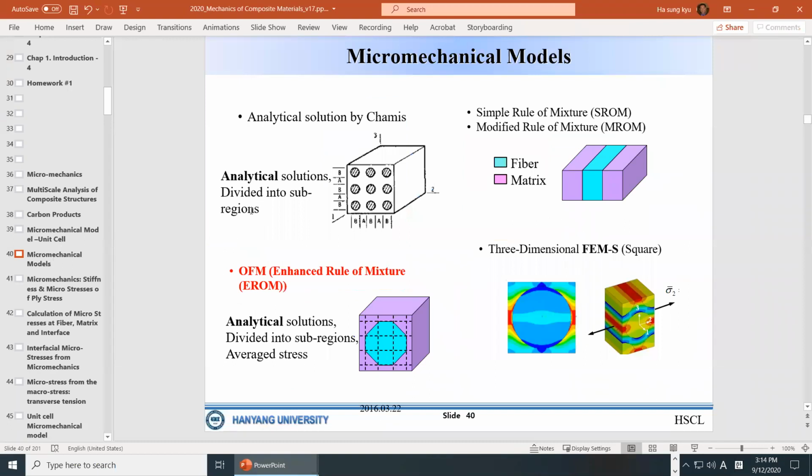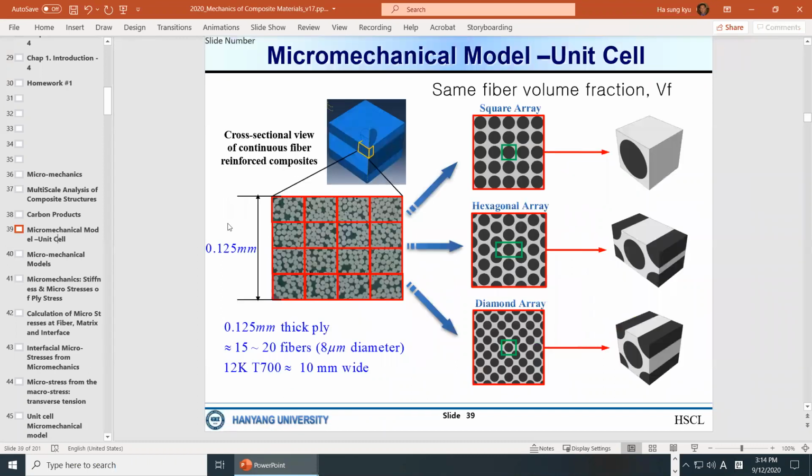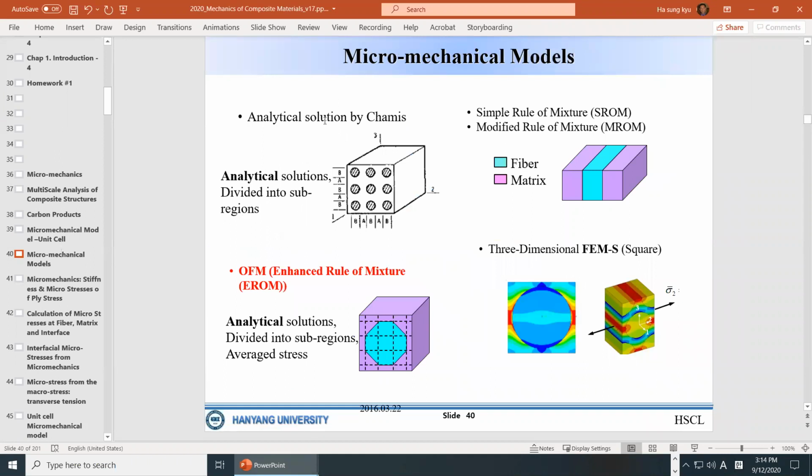Now, in fact, there are several different types of micromechanical models, and one we have just seen here. We can derive the equations using analytical solutions.